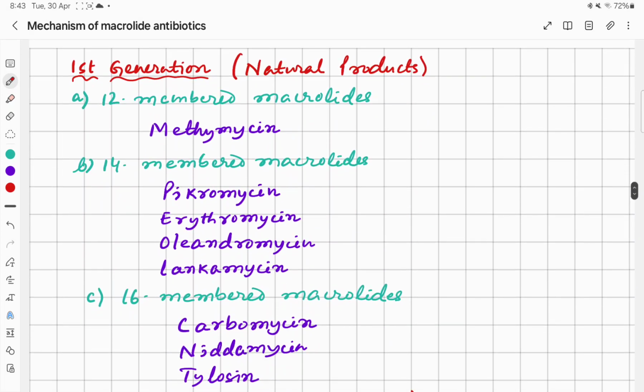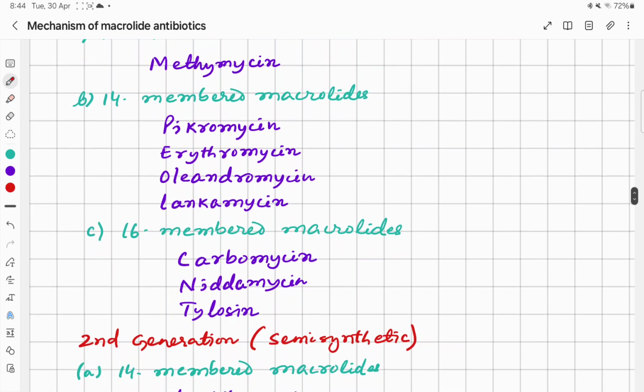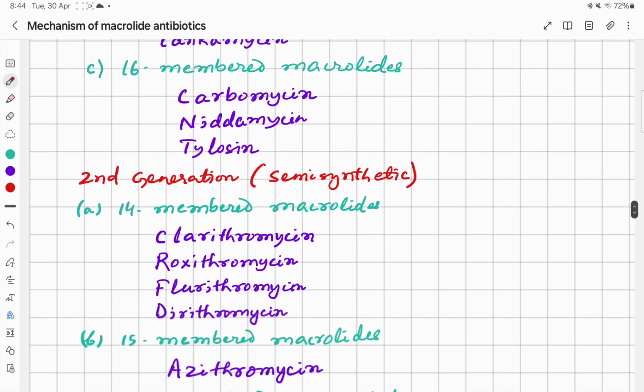Also, we can classify them generation-wise. First generation, which are mostly natural products: 12-membered methymycin, 14-membered picromycin, erythromycin, oleandomycin, lankamycin, 16-membered carbomycin, midecamycin, tylosin.